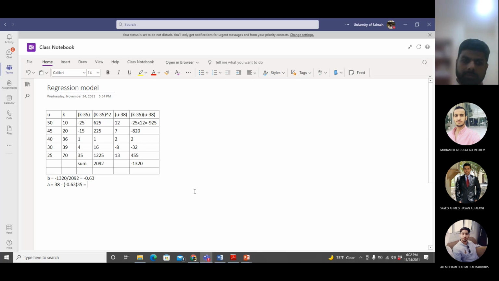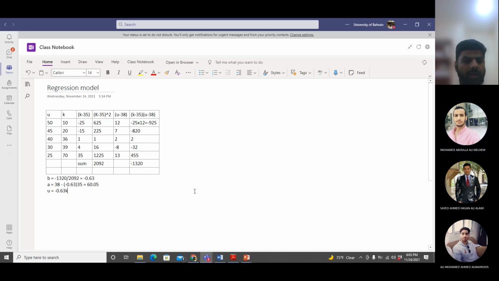How much? 38 is the average of the U values, which are the output of the model, and 35 is the average of the input values, which are the K values, concentration. 60.05.